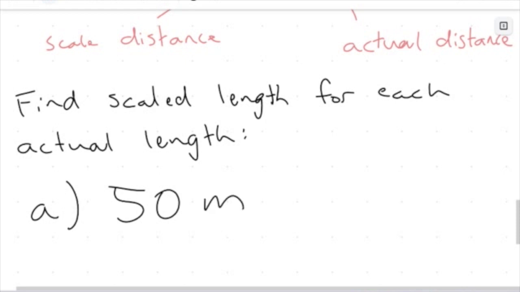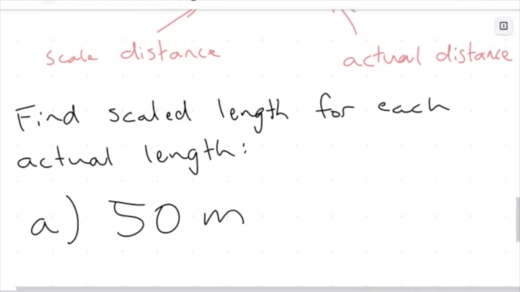So what's different about this question is that now I'm told that on my actual boat, I've measured a length of 50 meters. And the actual distance, the actual length, is 500 times more than the scale distance.